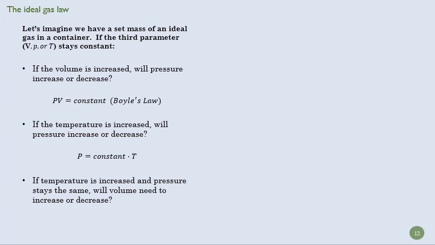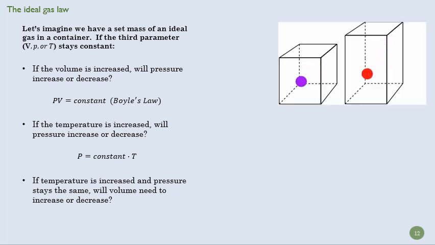Finally, if temperature is increased and pressure stays the same, what happens to volume? Well, if we increase our temperature, right, and they start banging on the sides of the wall, our pressure would normally go up, right? So we have to relieve that by making our volume larger. We have to give those faster moving molecules more room to move around in order to keep the pressure the same.